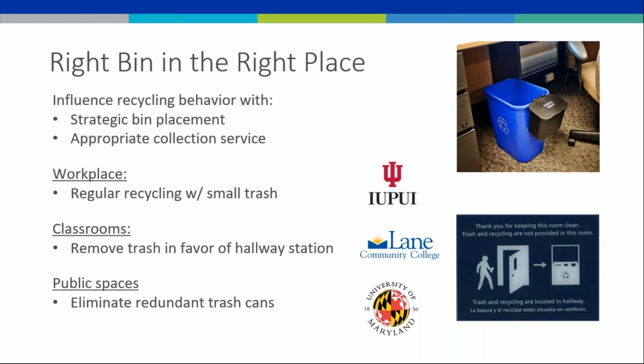And they found, as in the case of Lane Community College in Oregon, that this can help to reduce trash, in Lane's case by 52% for those targeted locations. It also helps save custodial labor. They saved $25,000 in labor on an annual basis when this program went campus-wide a number of years ago.